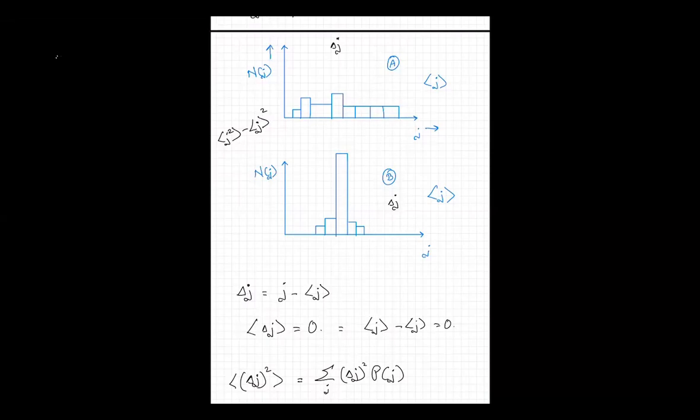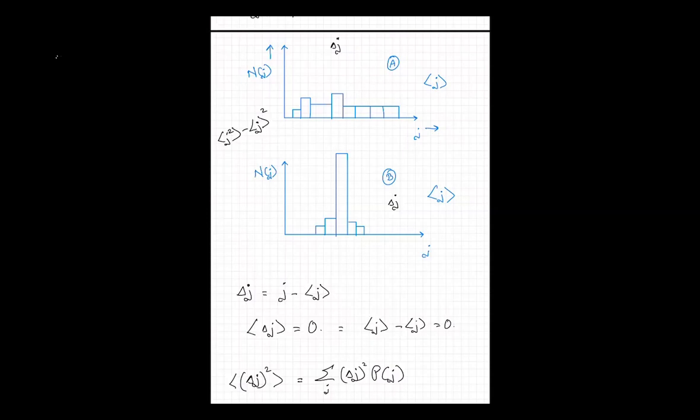For case A, that is not true, because there's a wild difference in the individual values of delta j. For one person, delta j could be minus 47. For another, delta j could be minus 23. For a third, delta j could be plus 17, whatever it is.